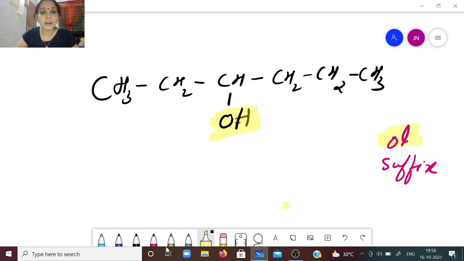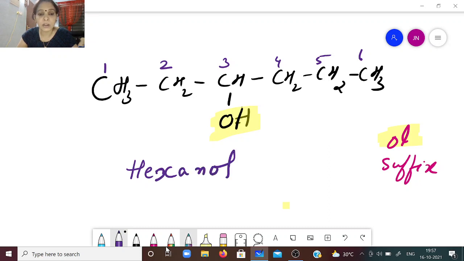Now I have to count the carbons such that OH gets the minimum number, so I count from left to right: 1, 2, 3, 4, 5, 6. On the third carbon the OH group is there, and in total 6 carbons are there. So it is actually hexanol.